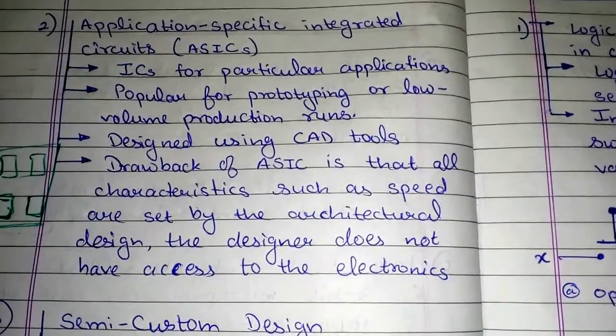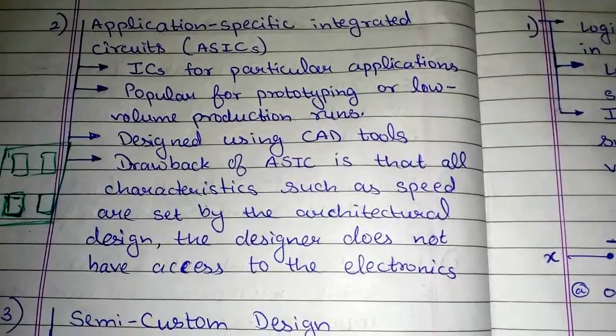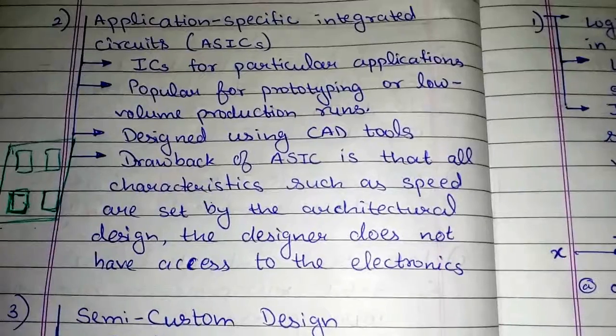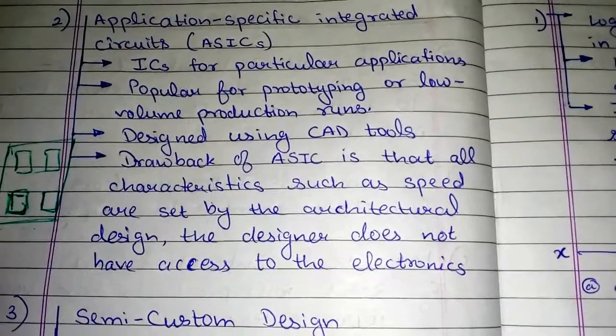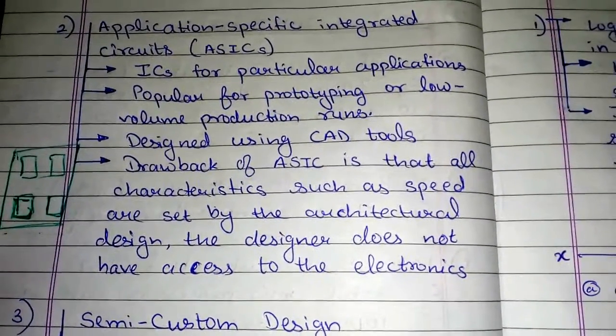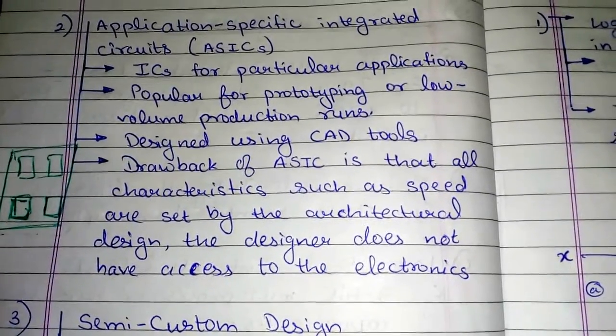Now the drawback of ASIC is that the characteristics, such as let's say speed of how fast your transistors are switching and everything that is happening, are set by the architectural design. Okay, these are predefined in ngSpice or pSpice. You cannot change it, so the designer does not have access to the electronics.